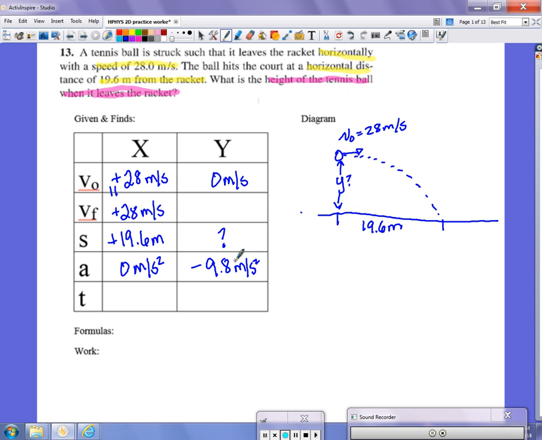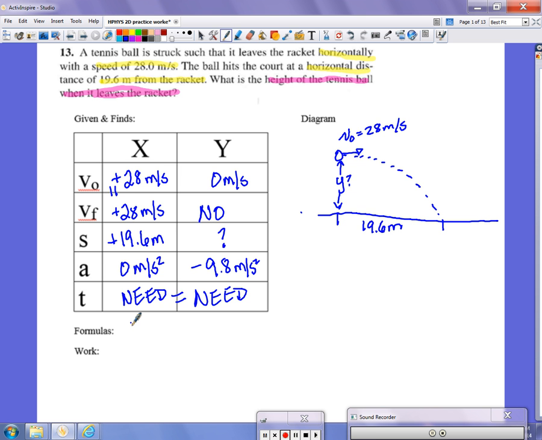So on this side I have only 2 of the 5 variables that I need, so I can't solve anything in here without time. I do have plenty of information in the x direction to find the time, so I put a need in here. And once I find time, then I can use the no VF formulas to find my initial y position and displacement.